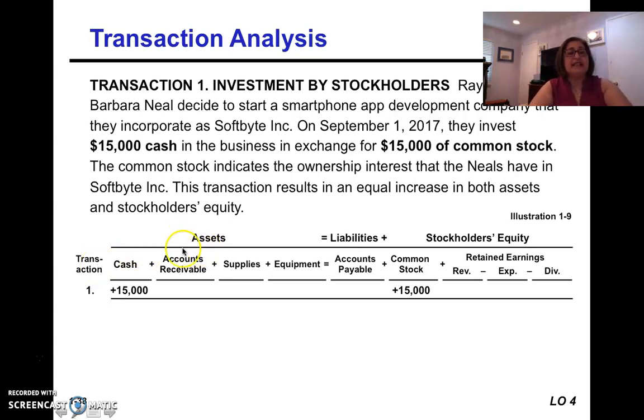So in this case, the assets increase, but which asset? We have to be very specific. Cash. And the stockholders' equity increases, but which part of the stockholders' equity is affected? Is it common stock or revenue? Because those are the two accounts that increase stockholders' equity. It's common stock because we haven't done any service or sold anything.